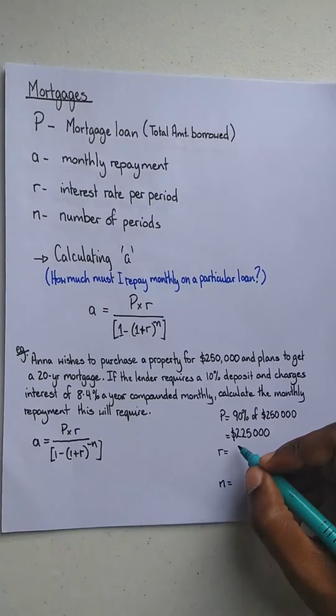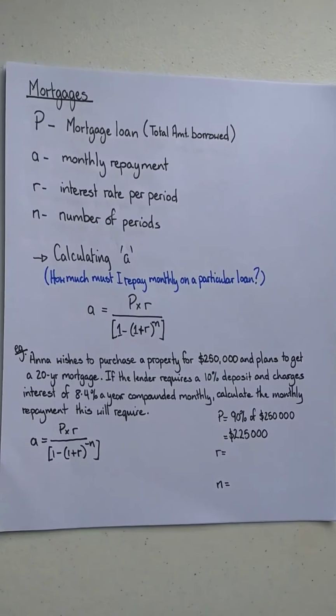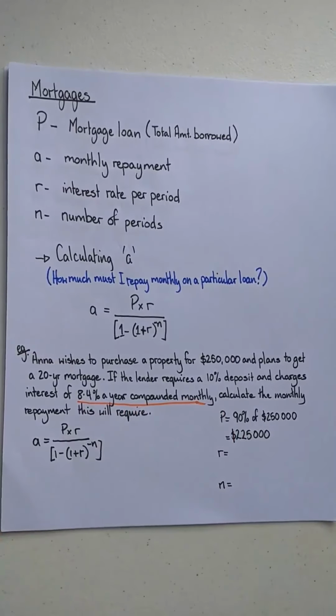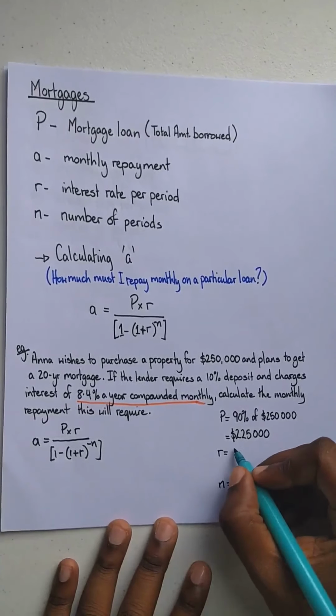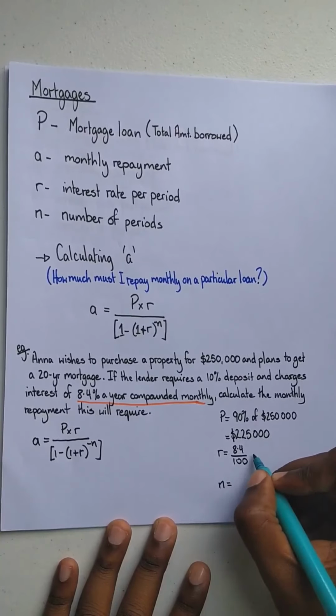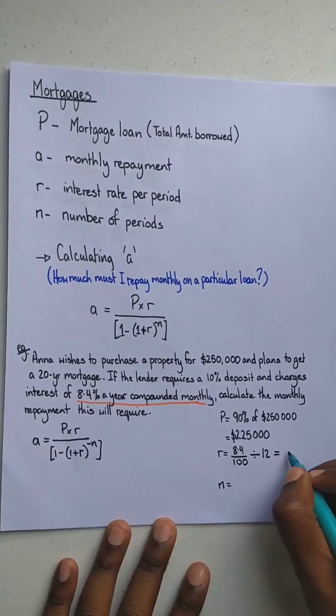The interest rate per period comes from the information provided here, 8.4% a year compounded monthly. So we say 8.4%, and the periods are months, divided by 12.